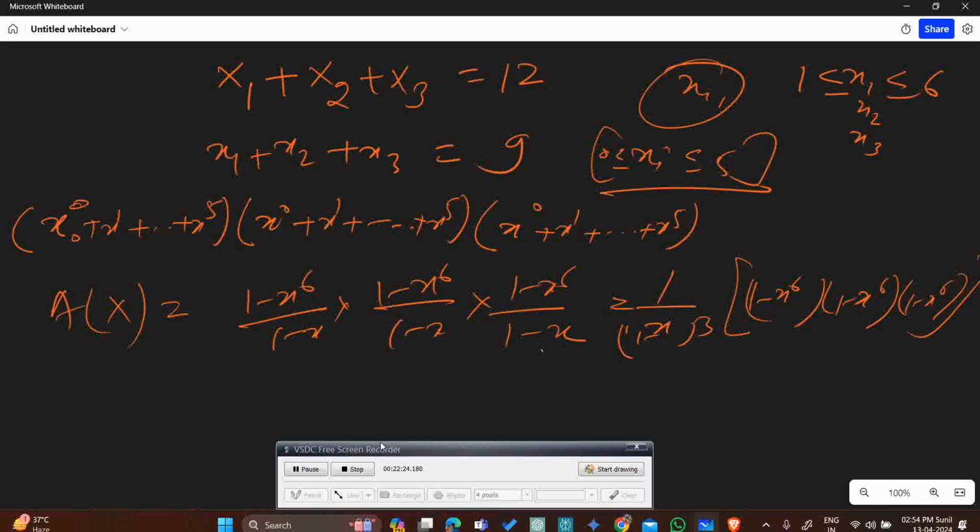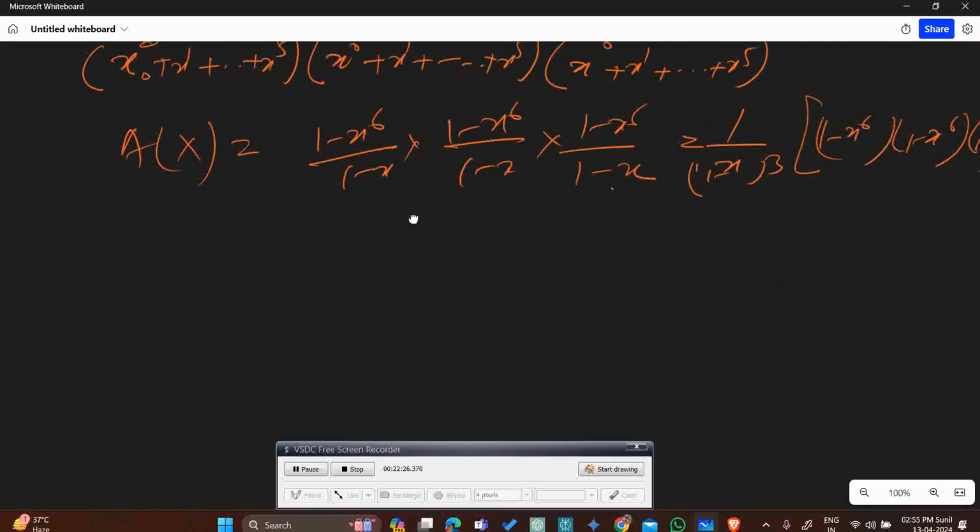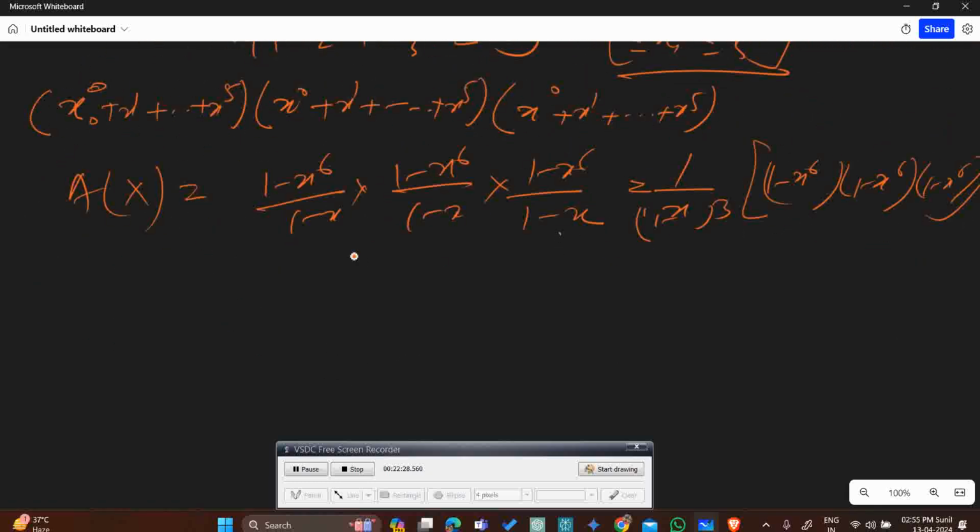So the outcome should be 9 now, right? So the coefficient should be 9. 1 minus x to power 3 and now 1 minus x to power 6 minus x to power 6 minus 12, right?